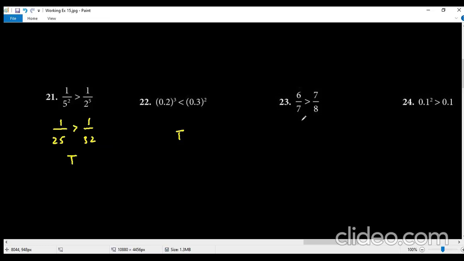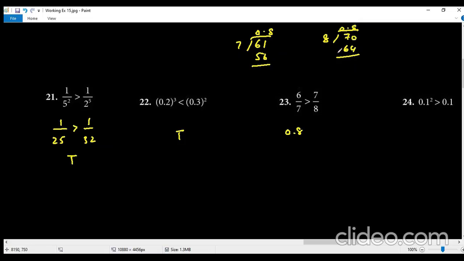When it comes to question number 23, this is a false statement because 6 over 7 is something like this: 6 divided by 7. So 0.1, 7 times 8 is 56. And this is going to be 0.8, and 7 divided by 8 is going to give you 0.064.